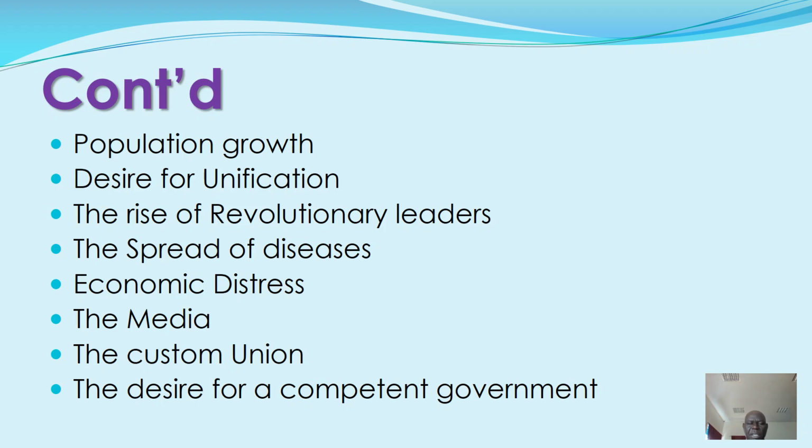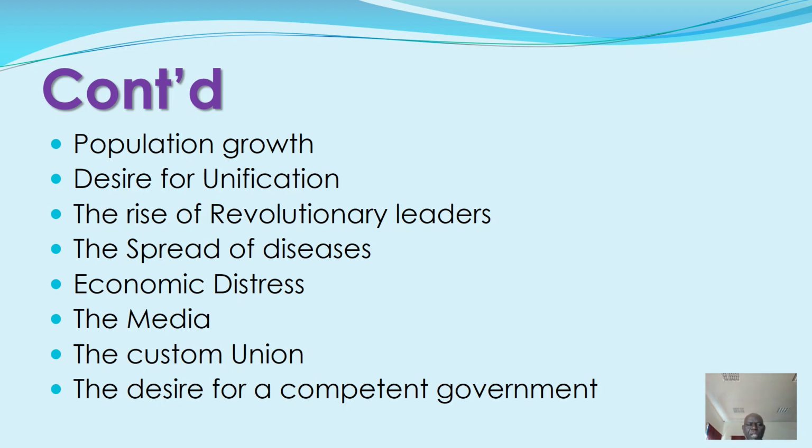In some states, like Italian states and German states, there was a strong desire for unification or unity, which made them unite to fight against obstacles which were roadblocking their unification attempt. The rise of revolutionary leaders, I've already mentioned some of them: Louis Kossuth, Bismarck, Garibaldi, Mazzini, Cavour, among others.